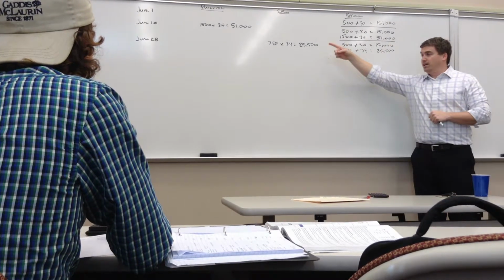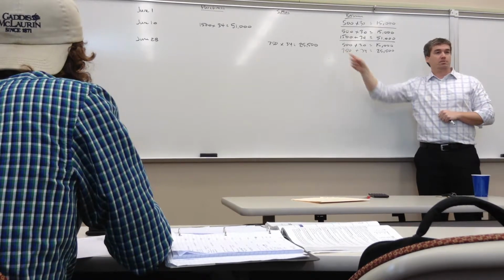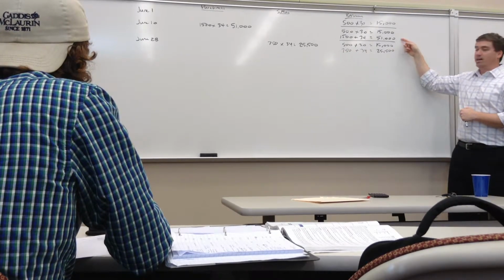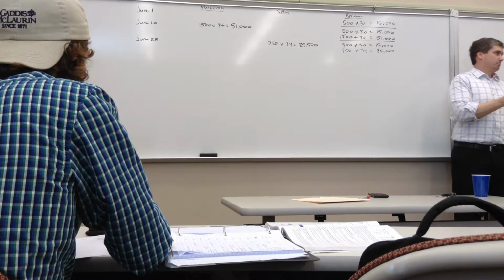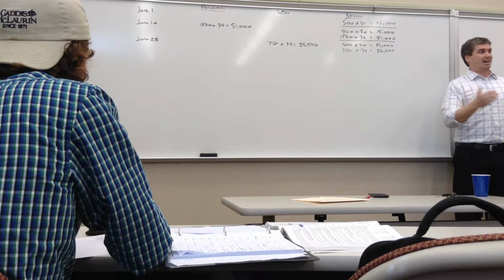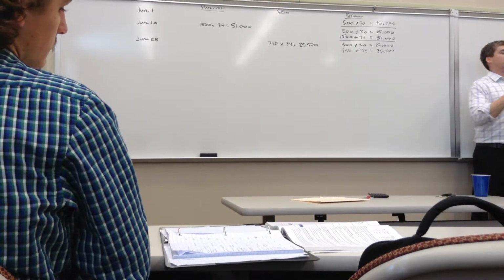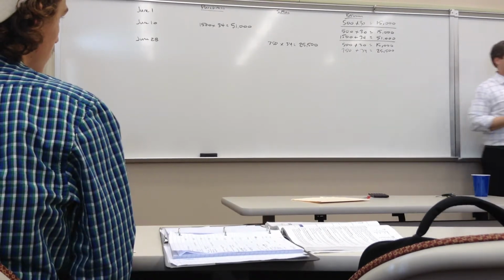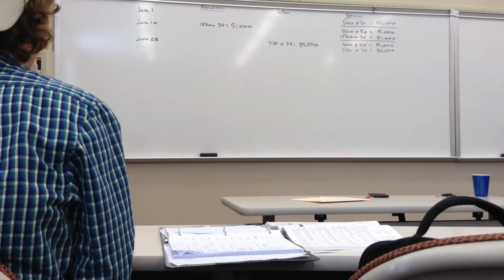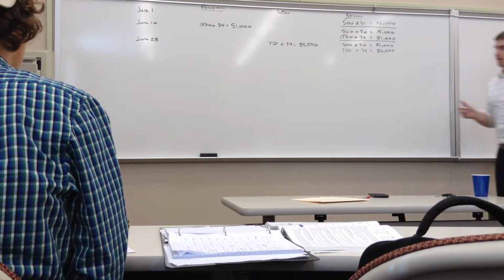That's okay. The last transaction was June 10th. So whatever it was on June 10th is what it's going to be on June 14th. The balance is not going to change until some action, a purchase or sale or theft, forces it to change.